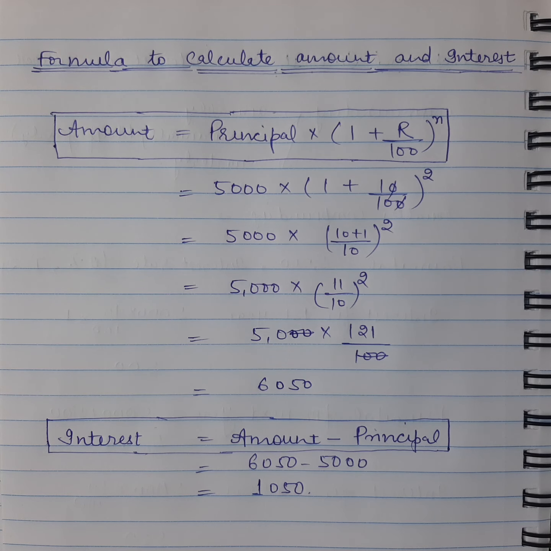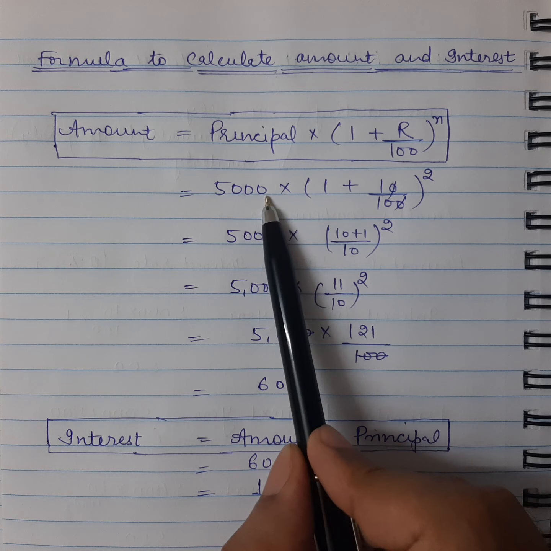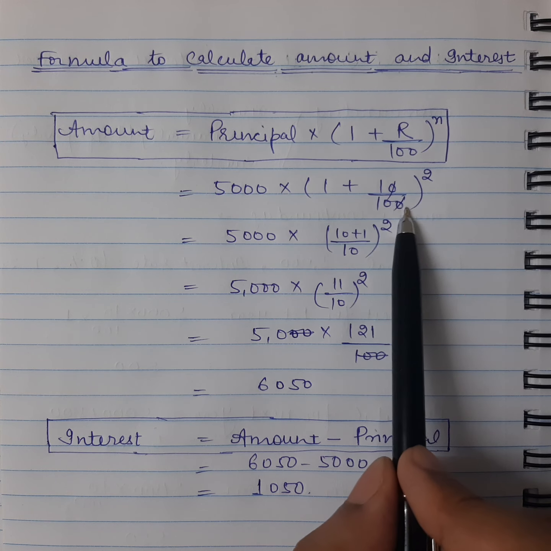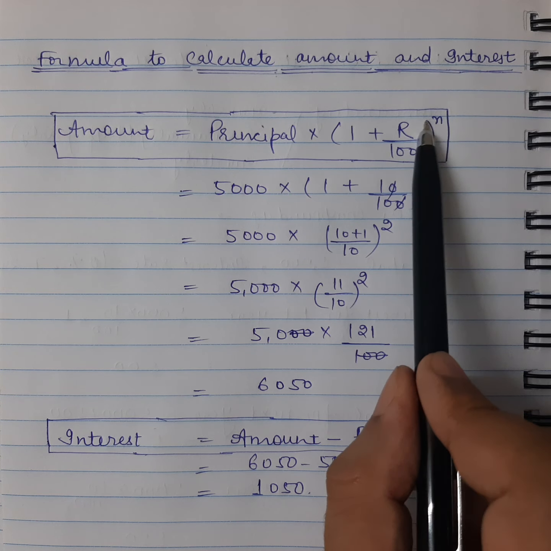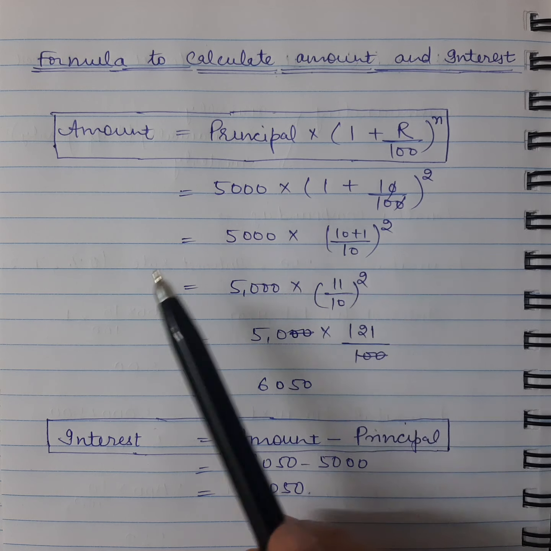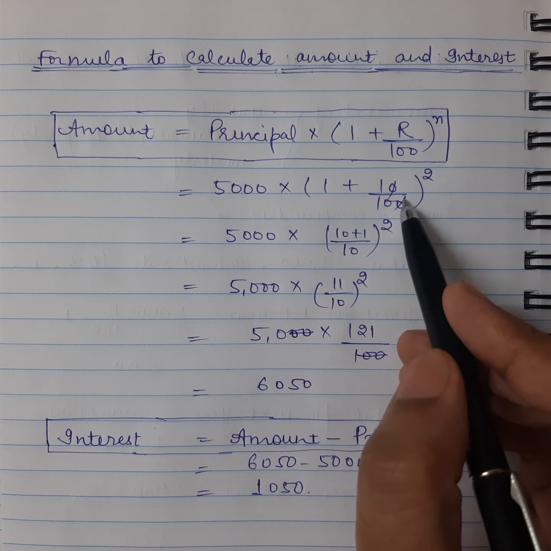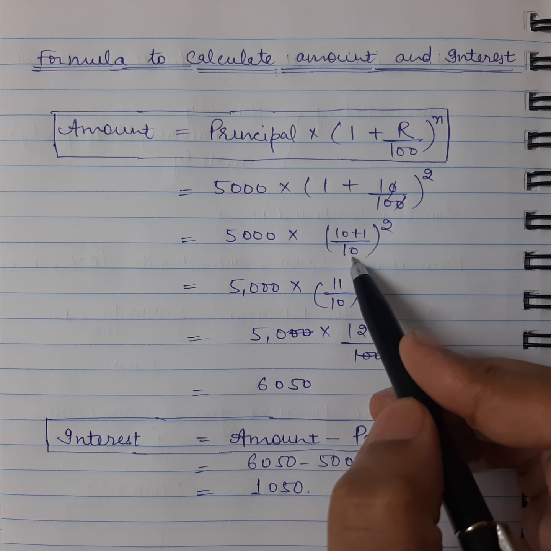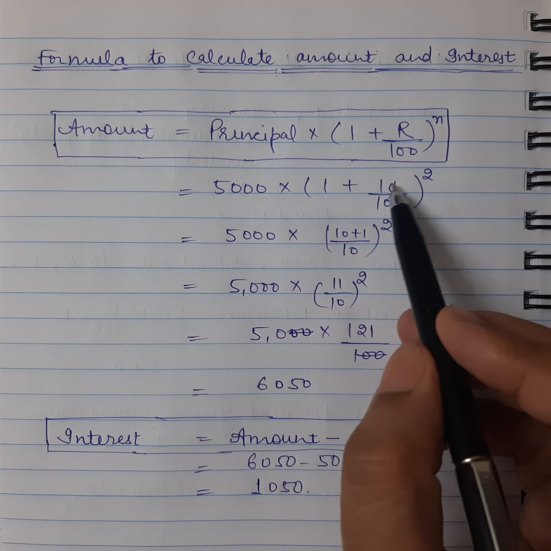If we calculate using the variables from the last example, we know 5,000 was the principal, then we put the rate of interest, which was 10 divided by 100. 1 will remain, and then we put the value of n, which is 2 years. If we solve it, 5,000 multiplied by, we reduce 10 with 10, then the remaining is 1 by 10. We'll take the LCM 10. 1 will become 10, and then 1 will remain as 1.